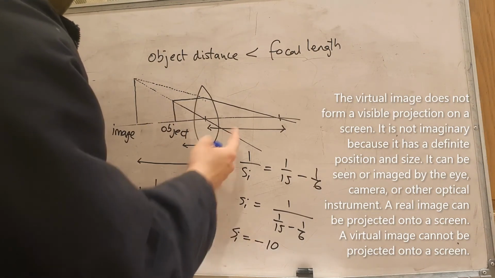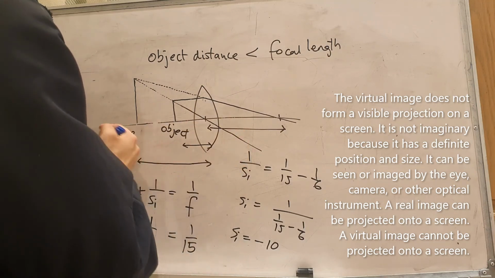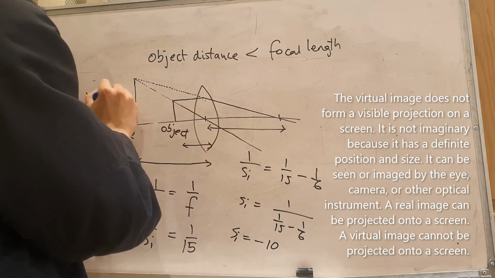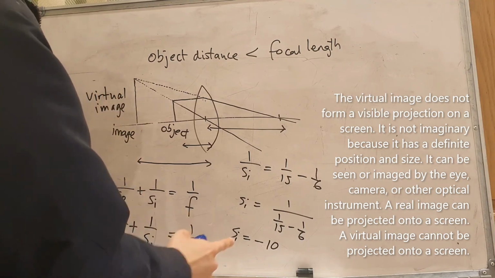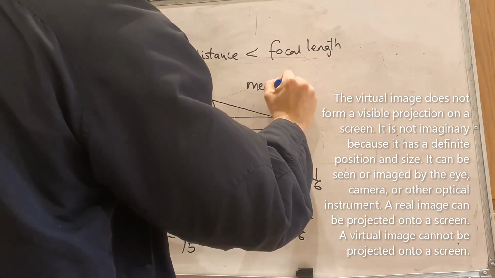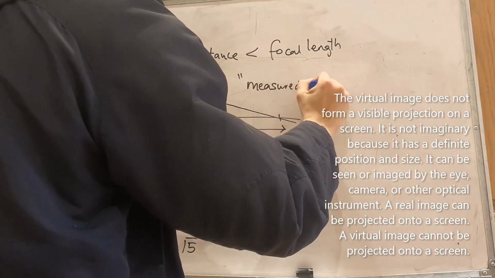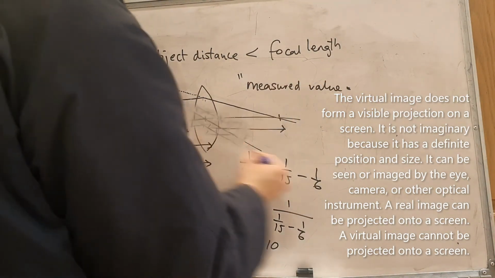Because of the minus, what that means is that the image has gone in the opposite direction, and this will be a virtual image. So this is the calculated value. The measured value was minus 14.